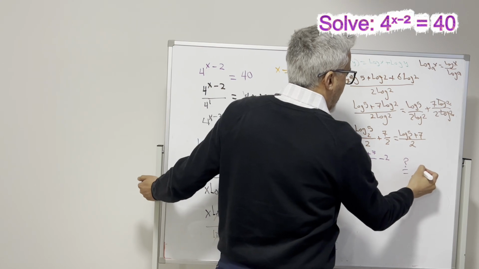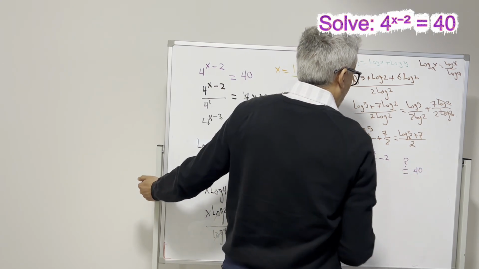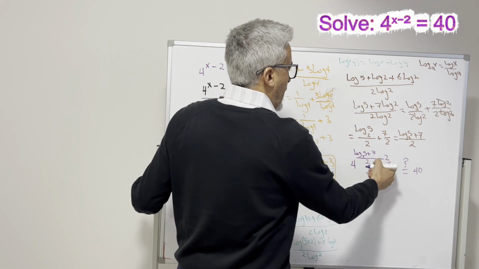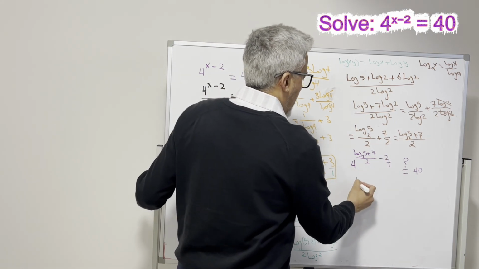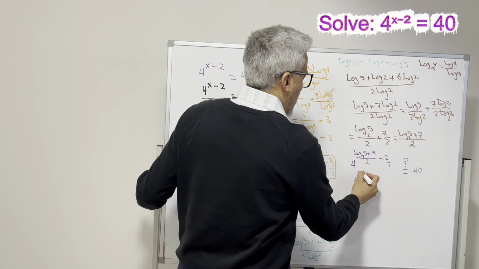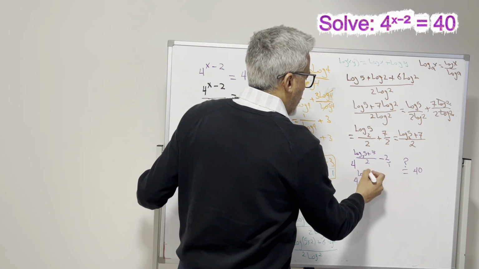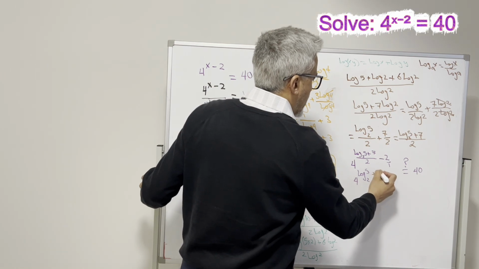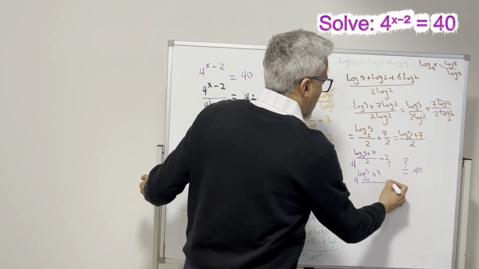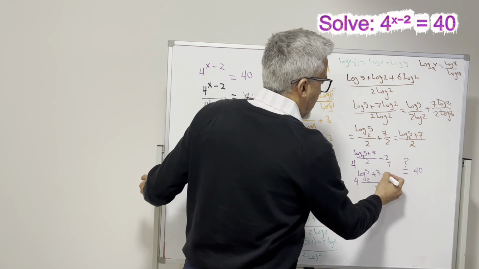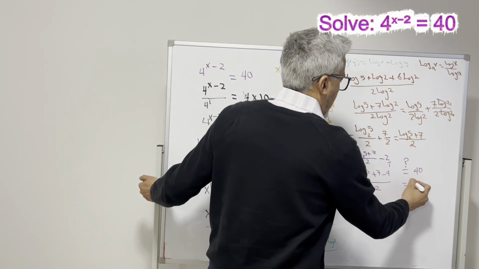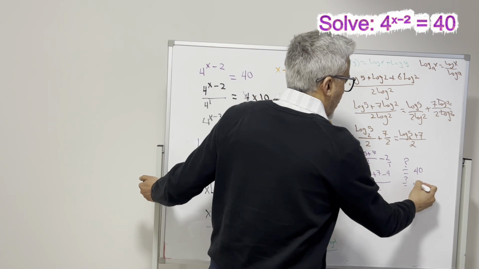And we're trying to check if it equals 40. This is over 1, so we're going to multiply top and bottom by 2. And we're going to have 4 to the power of log base 2 of 5 plus 7, and this here becomes minus 4. We're checking if it equals 40.